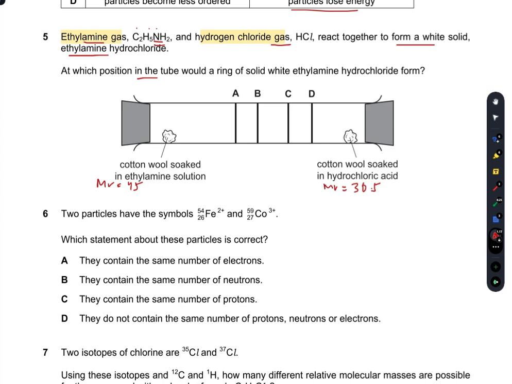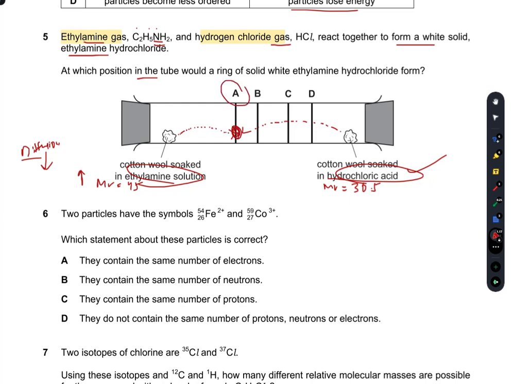So the greater the Mr, the lower the rate of diffusion. We know this. So that means that ethylamine will diffuse less, whereas HCl will diffuse more. So if HCl diffuses more, then the ring would definitely be formed at A, and when ethylamine comes in contact, it forms a white solid here.